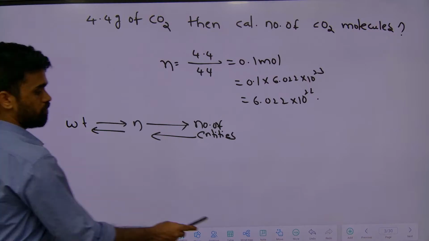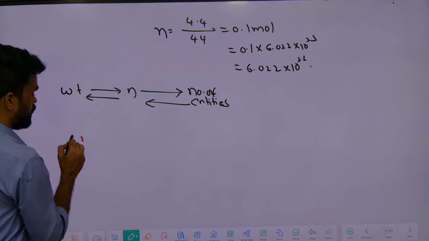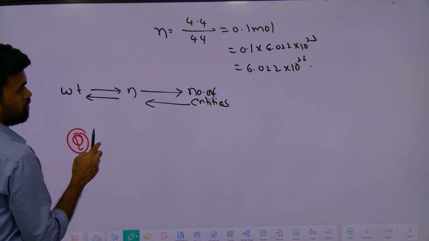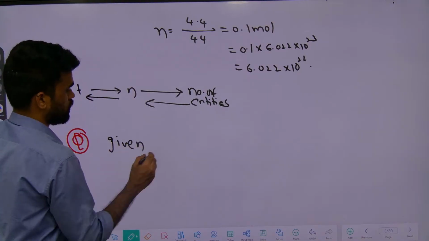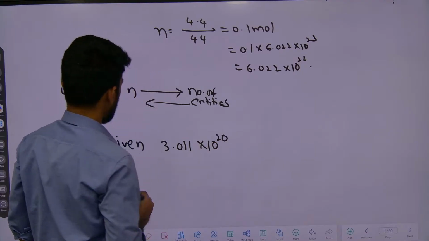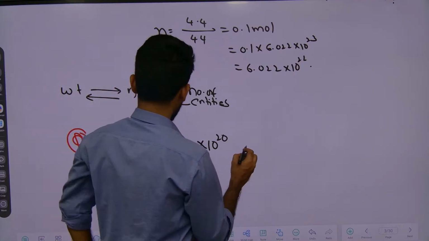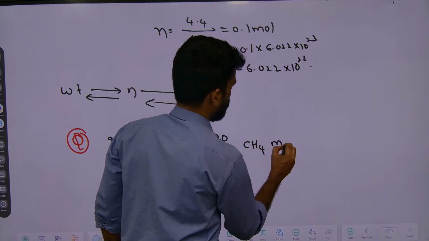Now, let me give you one question on this. With this, we can go forward. Given 3.011 into 10 power 20 methane molecules.